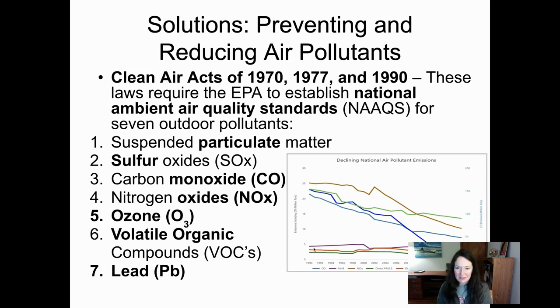I think that's because it has the biggest effect, and then ammonia as well. These other ones are more recent: carbon monoxide, sulfur dioxide, volatile organic compounds. But you can see as we put in legislation, the levels drop. One that you don't see here is actually carbon dioxide, which we are now trying to regulate more because of climate change.